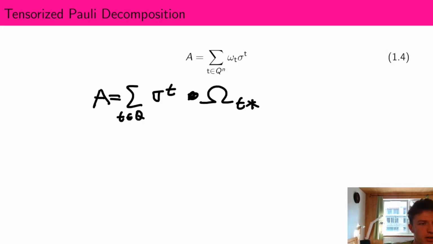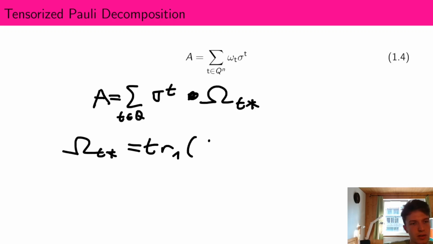And so we calculated basically that the cumulative matrix weight is the trace over the first qubit of A times sigma_t tensor identity to the n minus 1.